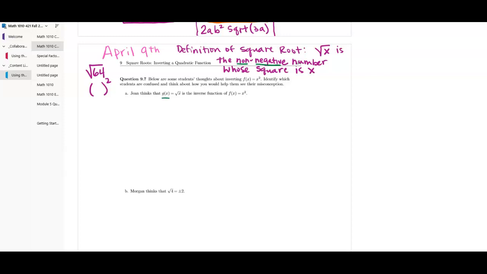So she's saying that these two are inverses of each other. Somebody tell me if you think she is correct, almost correct, or wrong? Go ahead and just unmute yourself and tell us what you're thinking.